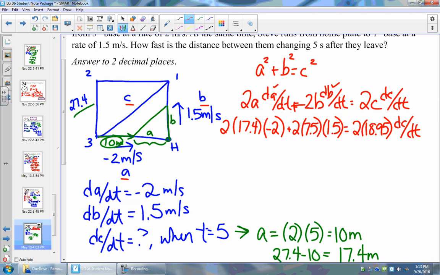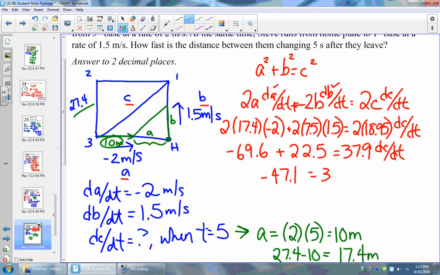And now just calculations. This is going to become negative 69.6 plus 22.5 equals 37.9 dC over dt. Simplified, negative 47.1 is equal to 37.9 dC over dt.